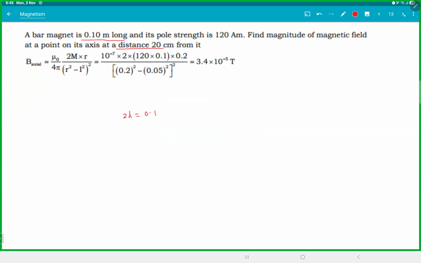Distance of 20 centimeters. So he gave R is equal to 0.2 meters. Can you see? R and L are comparable. That is a catch. So if they're comparable, don't use that far off formula. And unfortunately, that also will be there in the answer. So it's a trap. You have to be careful. Clear with this?